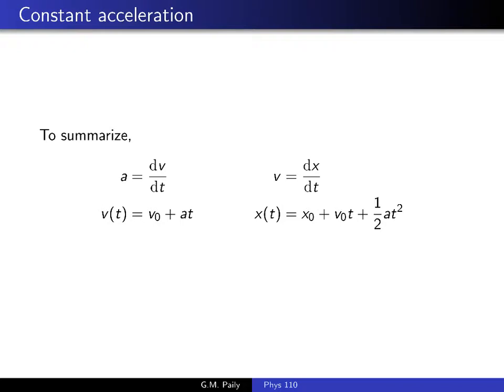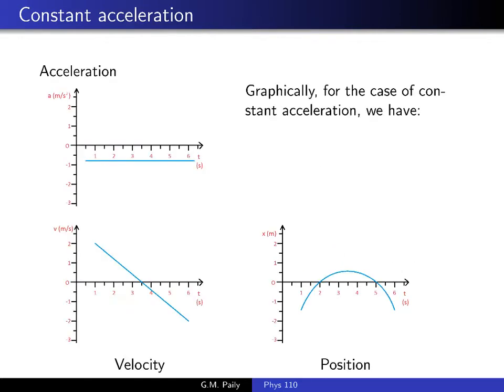So, to summarize, we have, for the case of constant acceleration, the following equations, giving us the velocity as a function of time and the position as a function of time. Graphically, what does motion under constant acceleration look like?